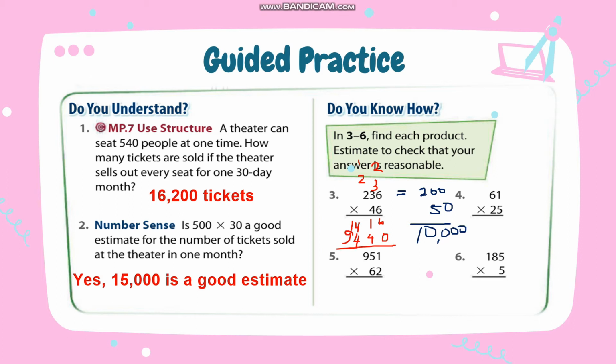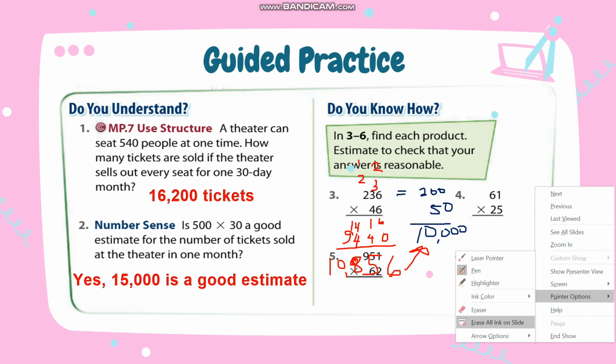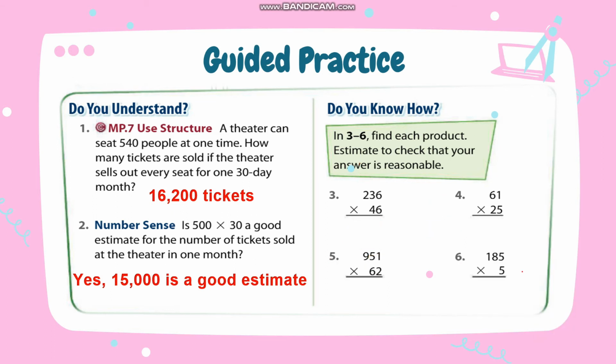Then add the partial products, and the result is 10,856. This is nearest to 10,000, so my answer is reasonable. The estimation is only your guide to check if your answer is near the exact answer.